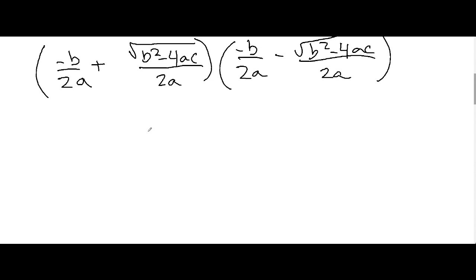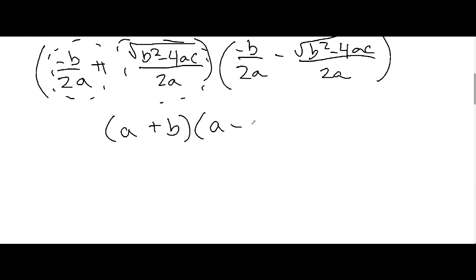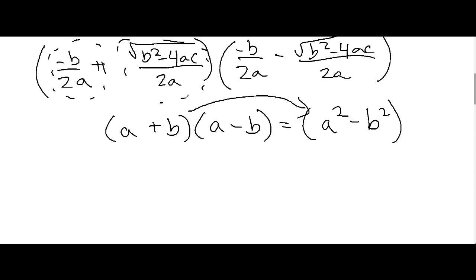So if I, for example, call this term A and this term B, what we're looking at right now is A plus B times A minus B, which is the difference of two squares. So let's go from this form to this form using our quadratic equation.